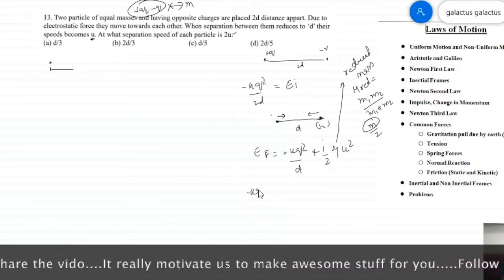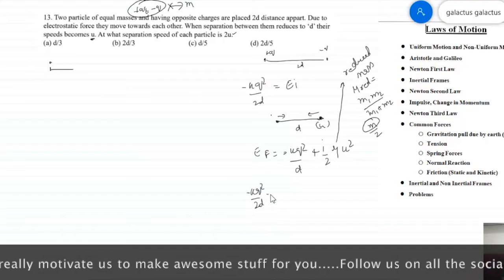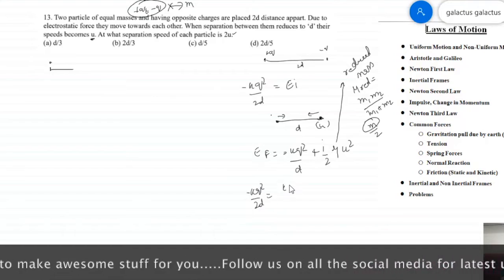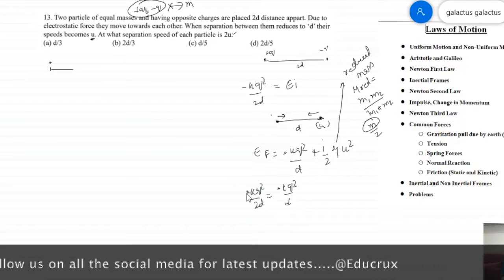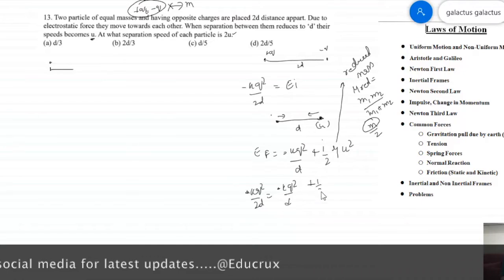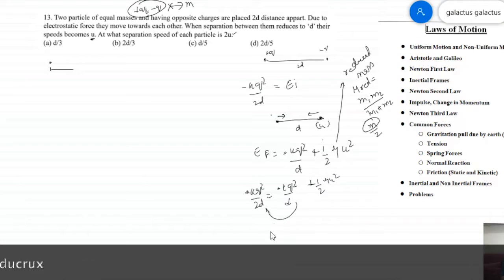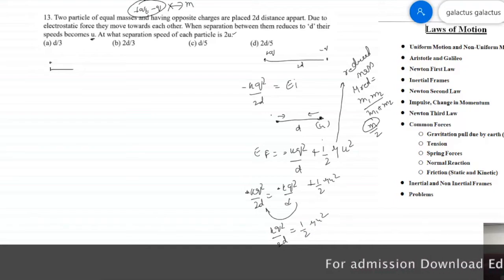So let us now equate initial energy and final energy. I will get minus kq squared upon 2d is equal to minus kq squared upon d plus half mu u squared. Taking this term to the right, I will get kq squared upon 2d is equal to half mu u squared.